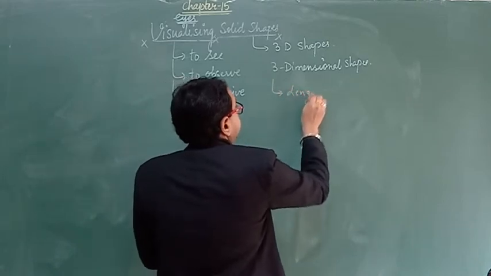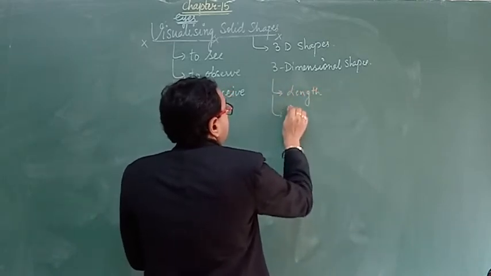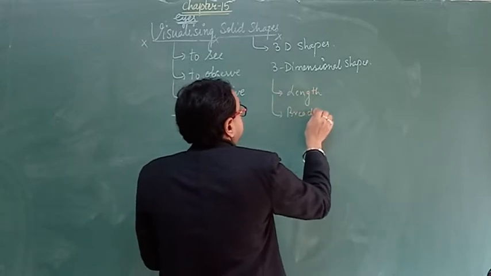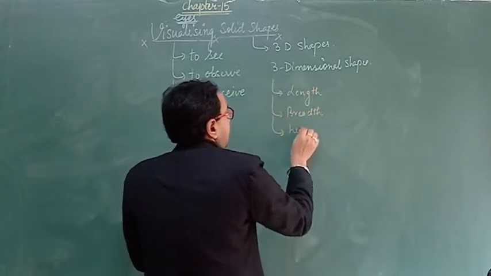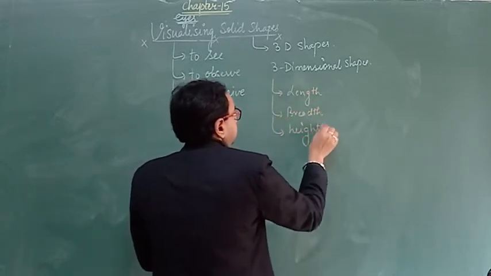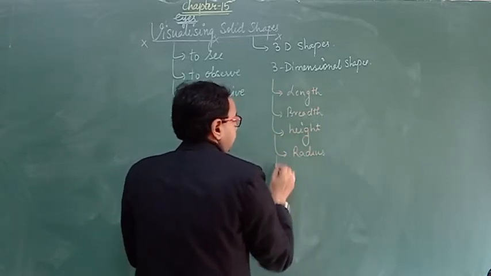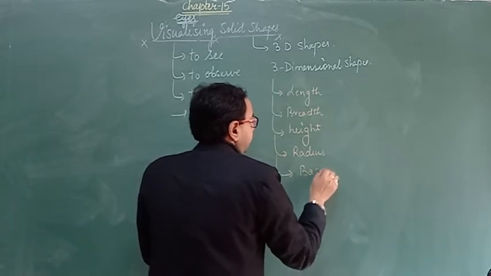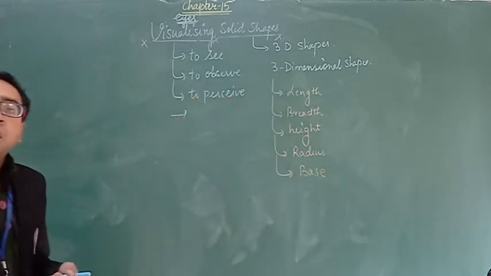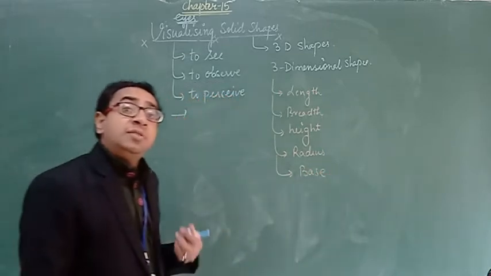Length, breadth, height, radius, base. Now, you might be thinking, sir is talking about 3 dimensions, but he has written 5 things.